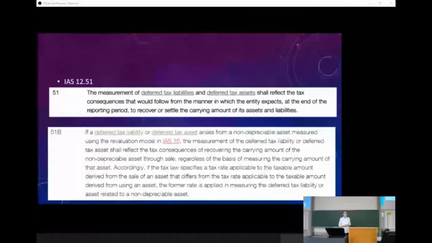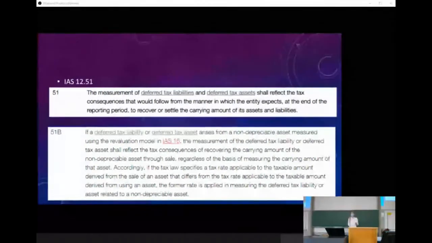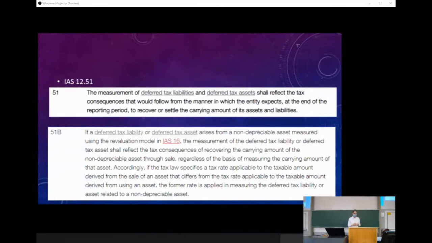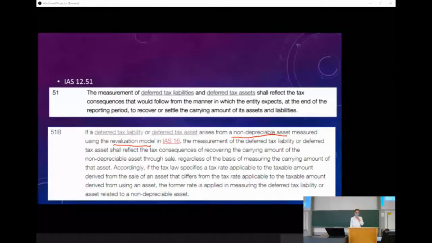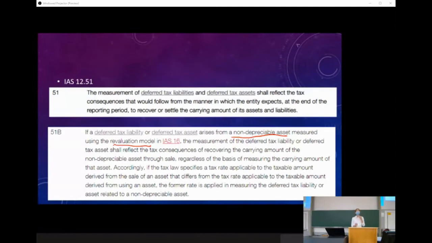Specifically, paragraph 51 says that you should use the tax rate. 51B says that for a non-depreciable asset measured using the revaluation model, so that's land on the revaluation model, we are going to measure the deferred tax according to the way that this asset is going to be recovered.